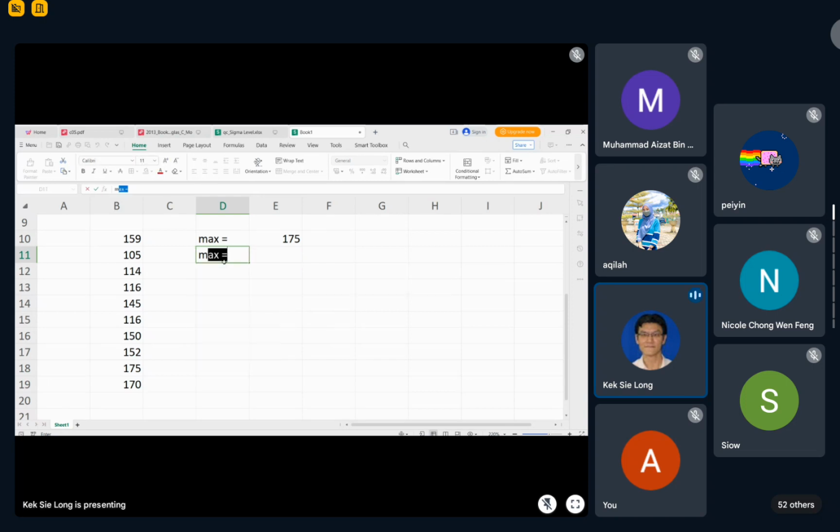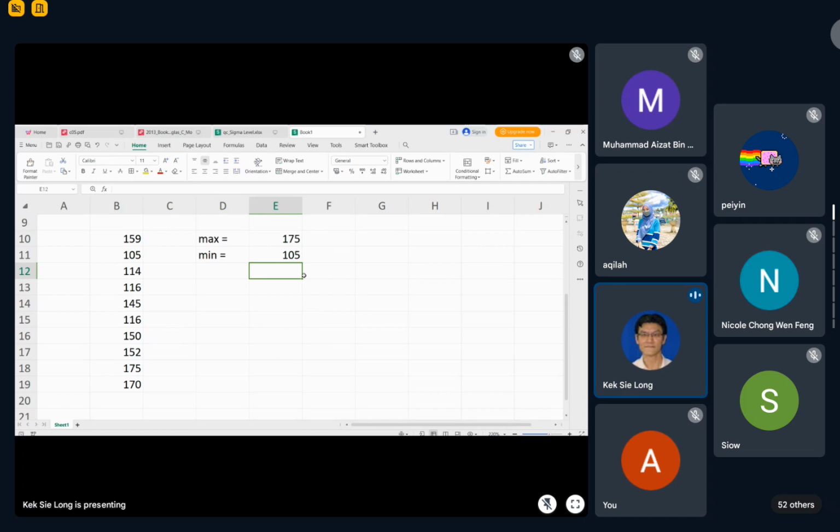And then for the minimum, 105, right? Yeah. So for maximum and minimum values, we can estimate. Of course, we don't want to take the upper control limit equal to 175. We don't want to have the point located at the upper control limit.